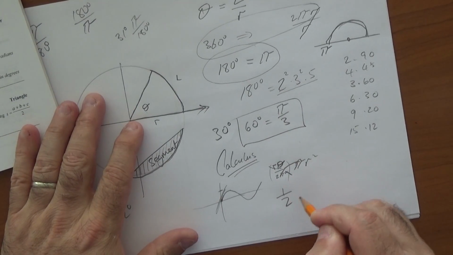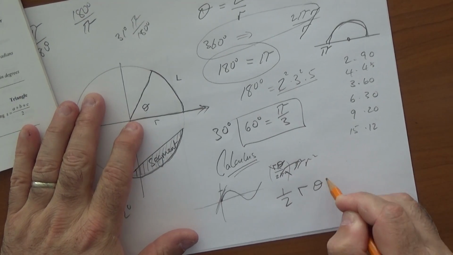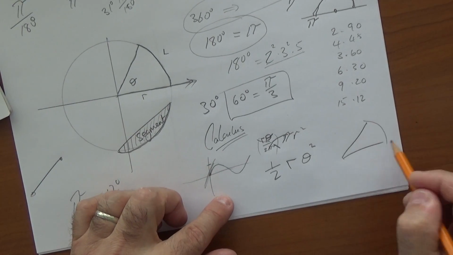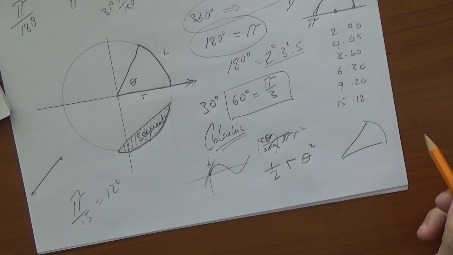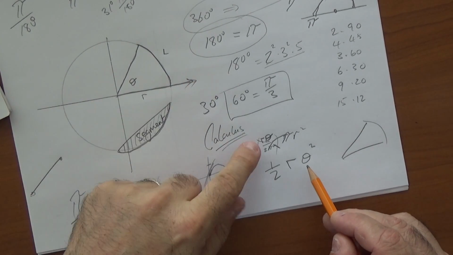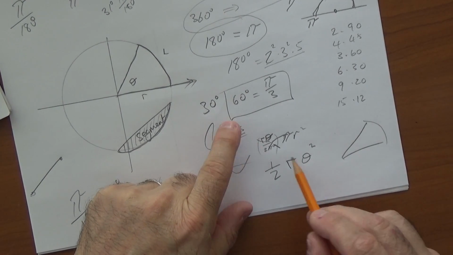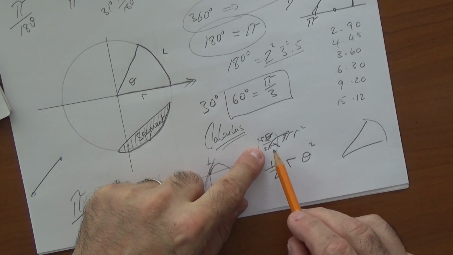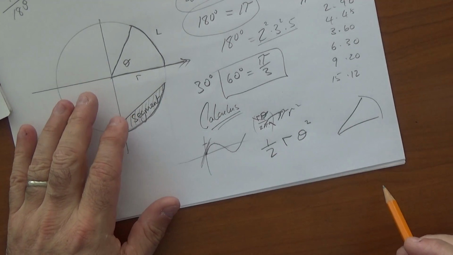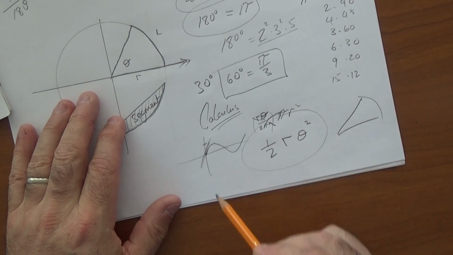So half of r squared times theta is the area of the sector. Now that theta has to be in radians. We've just derived it using the radian formula for the length of the arc, comparing the length of the arc with the full circle. We don't just look up a formula.